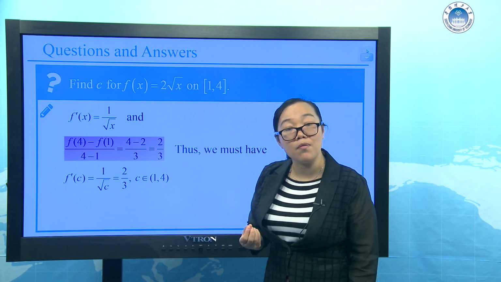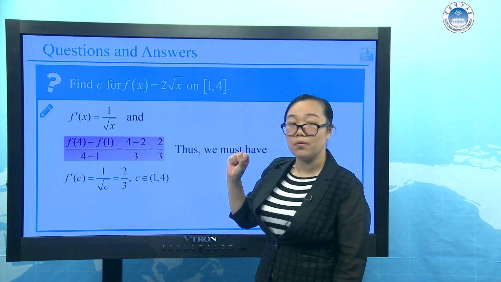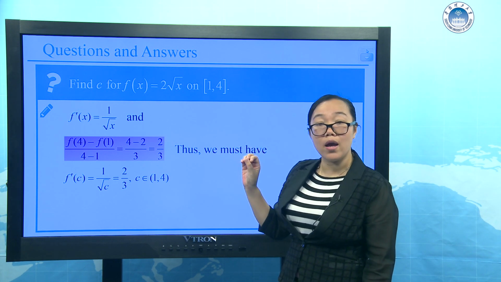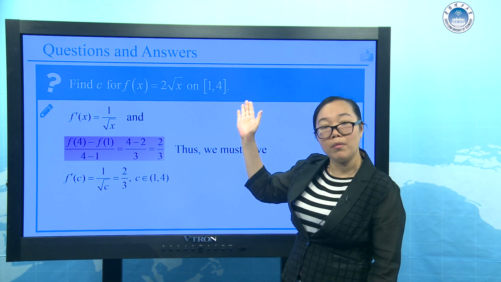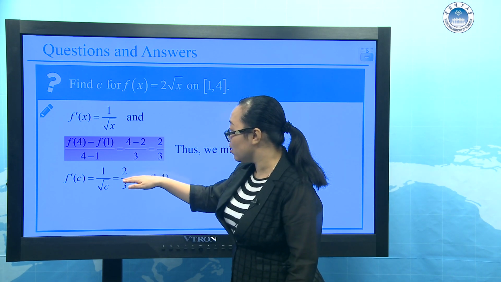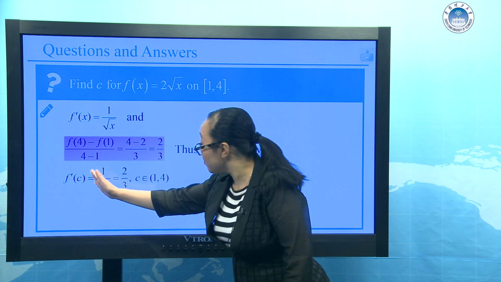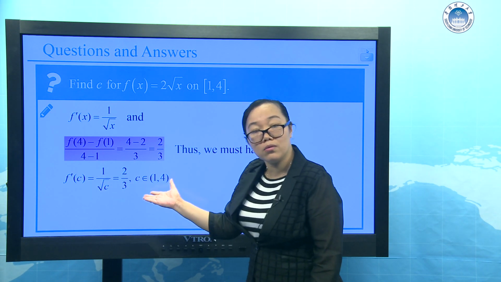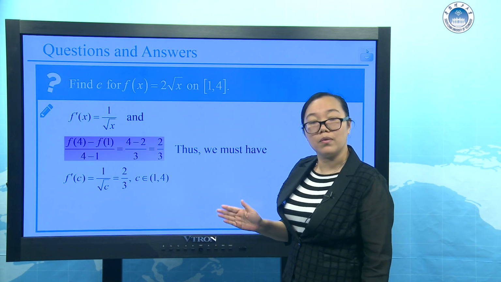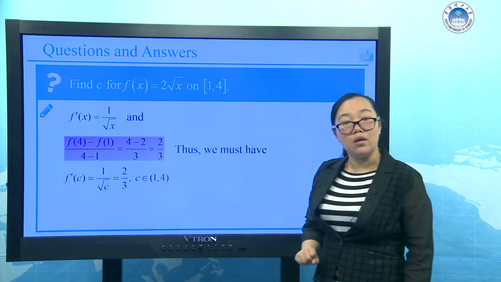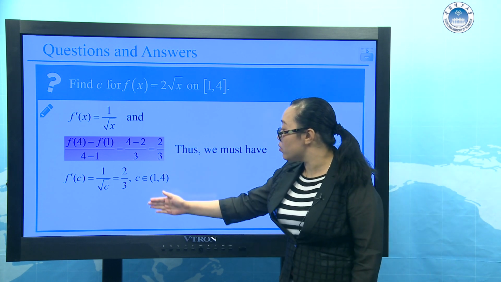What is our f prime c? Look at this. f prime x, for every x in the given domain, always equals 1 over the square root of the corresponding value. So f prime c is 1 over square root c, f prime 2 is 1 over square root 2. In this question, f prime c equals 1 over square root c equals 2 over 3.